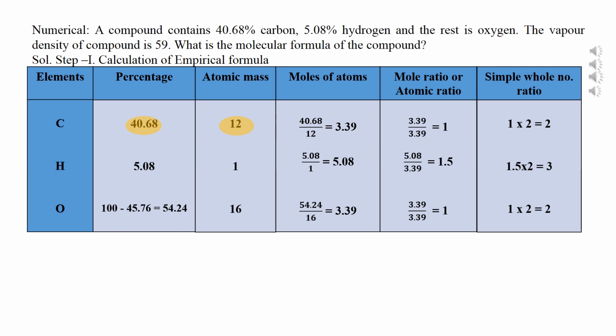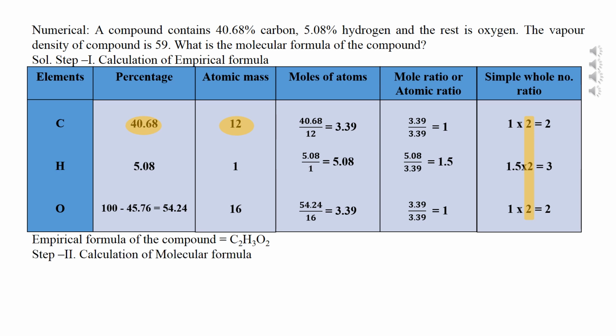So in this case, we have to multiply the values by 2 so that the simple ratio of carbon is 2 and of hydrogen is 1.5 multiplied by 2, it is equal to 3, and for oxygen is also 2. So the empirical formula of the compound is C2H3O2. So our next step is to calculate the molecular formula.